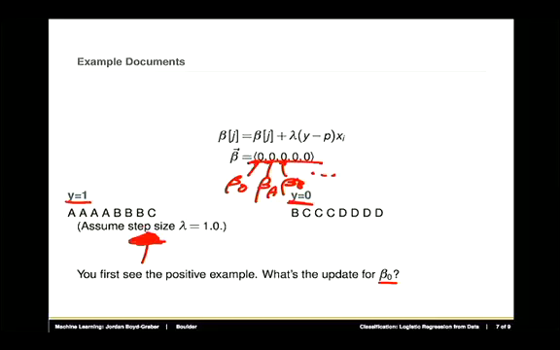Okay, so what's the probability that this document is 1? Yeah, all of the betas are 0, so it says each of them with equal probability.